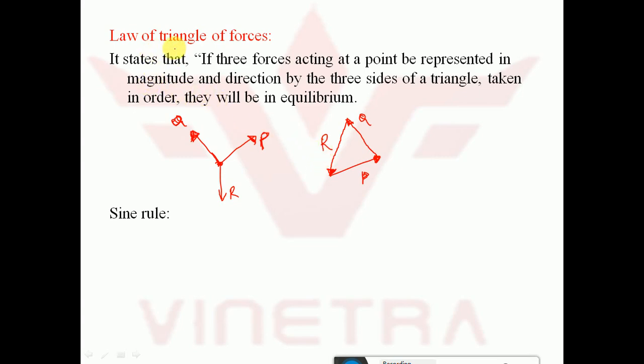So the law of triangle of forces states that if three forces acting at a point are represented in magnitude and direction by the three sides of a triangle taken in order, they will be in equilibrium.